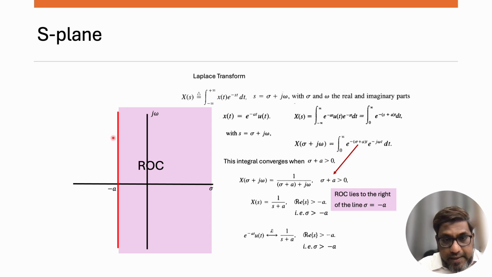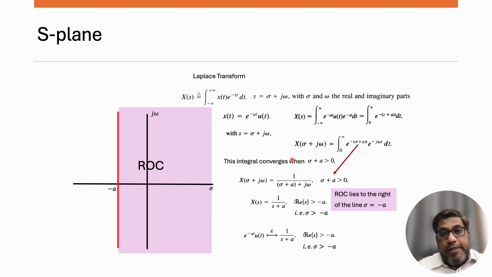So we have this red line here denoting the point sigma equals minus a. We have this line passing through the point sigma equals minus a, and the Laplace transform converges for all values of s when the real part of s is to the right side of this line. So in other words, for sigma greater than minus a.